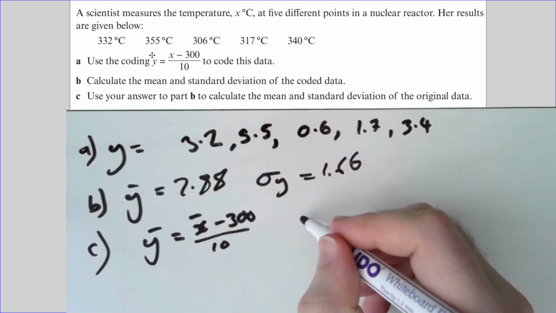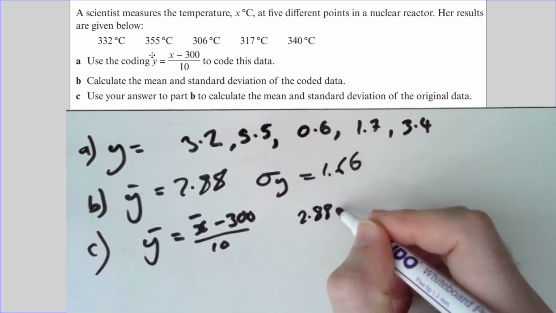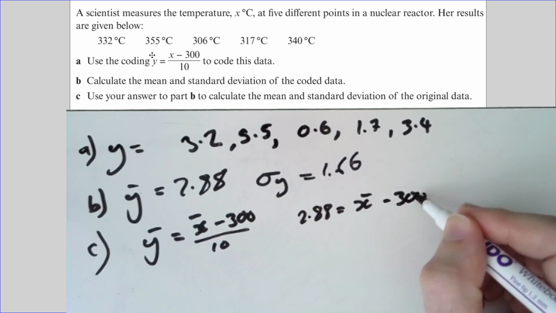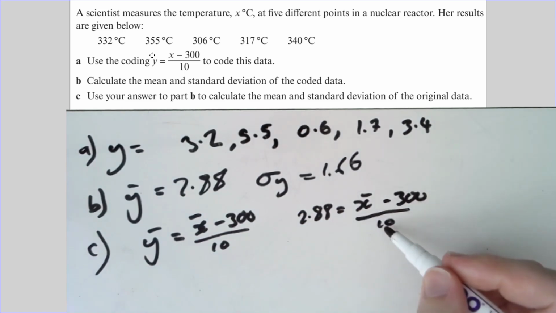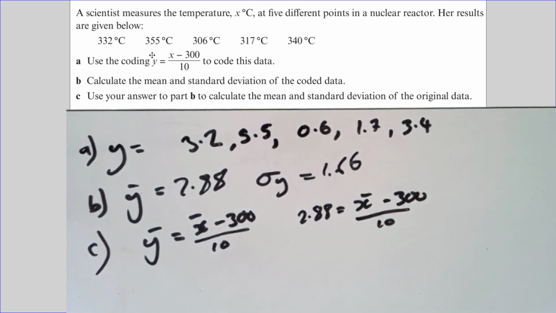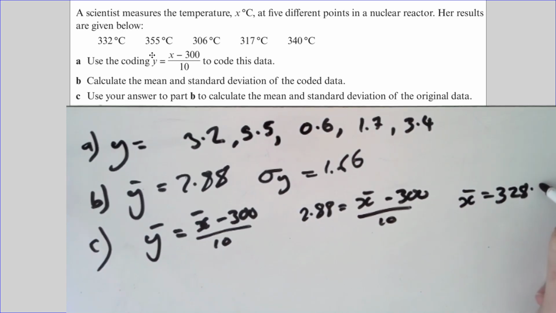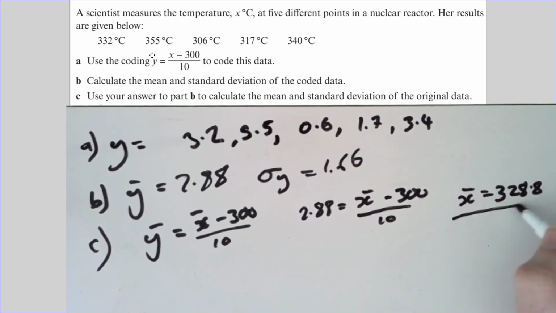So we know that 2.88 is X bar minus 300 all over 10. So multiplying up we get 28.8, and adding that over we get X bar is 328.8. We should really round this to 329 degrees because in stats we usually give things to 3 significant figures.